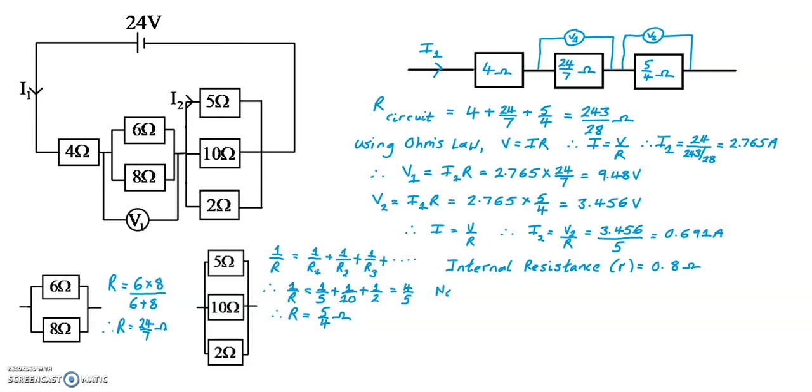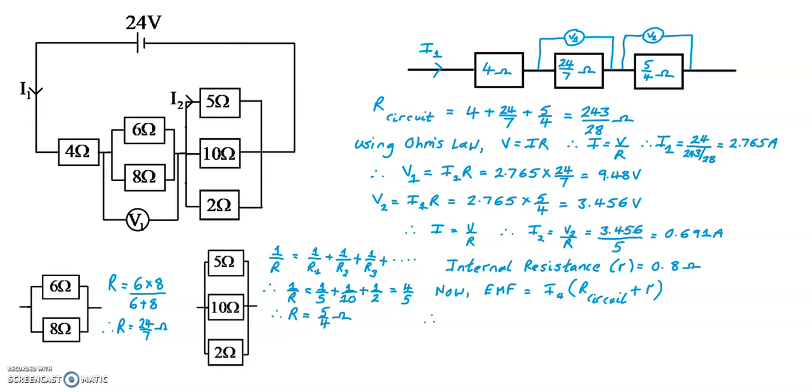Now, the EMF equals the current flowing through the circuit, I1, times R circuit, or bracket R circuit plus the internal resistance, close bracket.